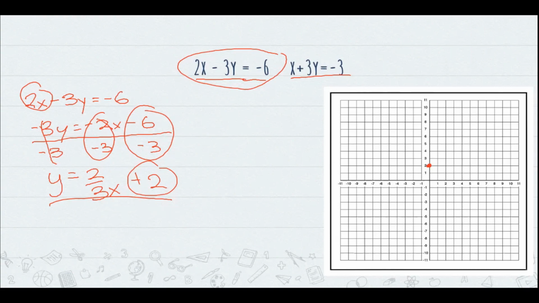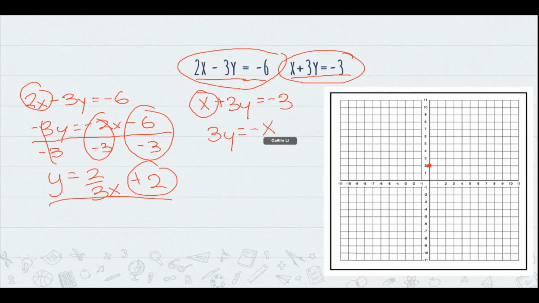And now we're going to do the same thing with our second equation. I'm just going to rewrite it. And we're going to transpose our x to the other side, and it'll turn into a negative x, or I can think of it as negative 1x. And our 3 stays the same.